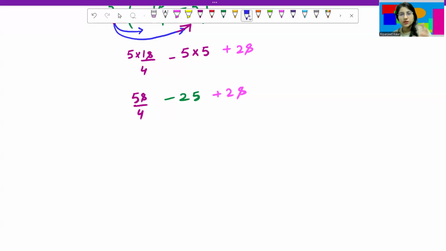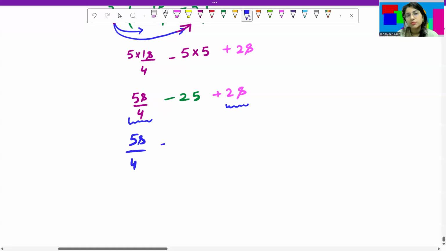Okay. So we cannot do that here. The s variable term can only be combined with a variable term, right? So 5s over 4 can only be combined with 2s, and the negative 25 has to be separately on one side.